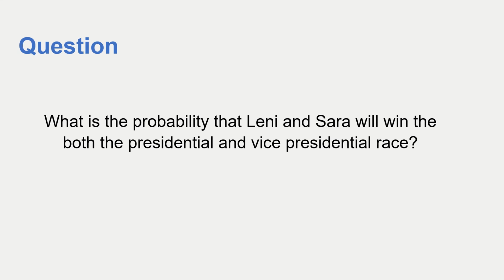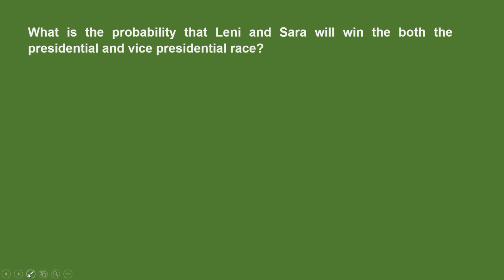So let us now answer our question from earlier. What is the probability that Lenny and Sarah will win both the presidential and vice presidential election? Let's suppose that Lenny is represented by L and Sarah is represented by S. For the probability of Lenny, we know that there is a 1/6 chance that Lenny will be selected as the new president.